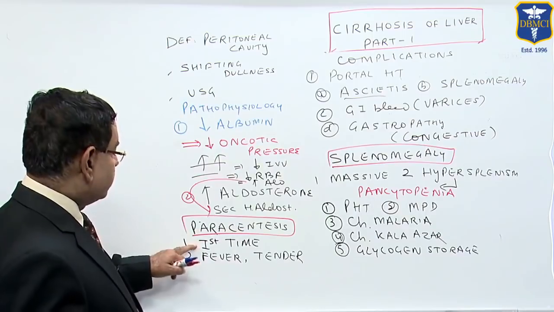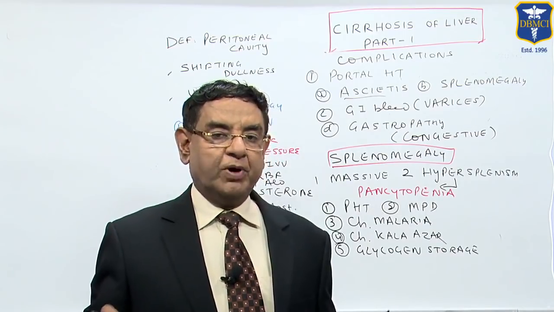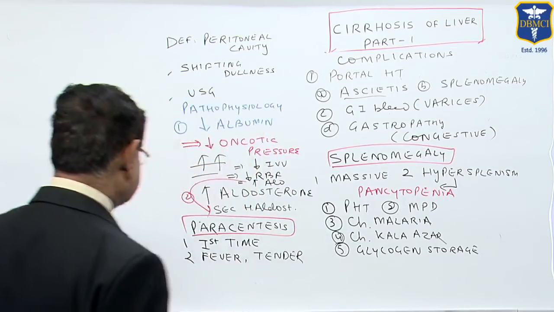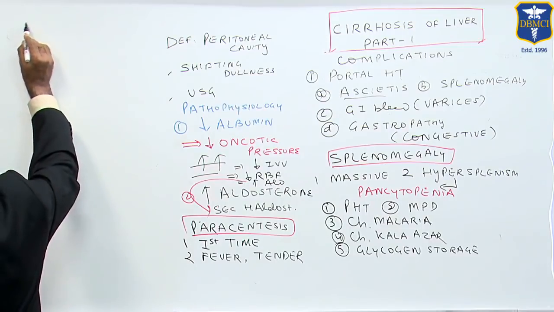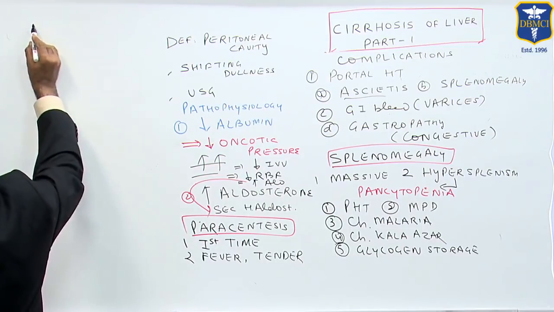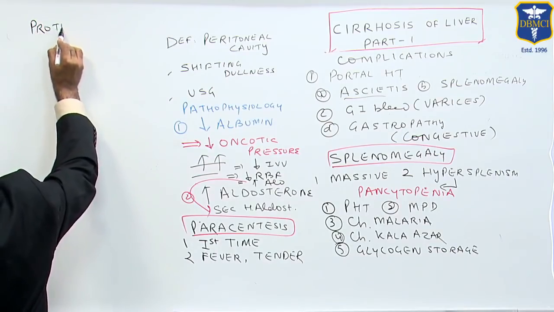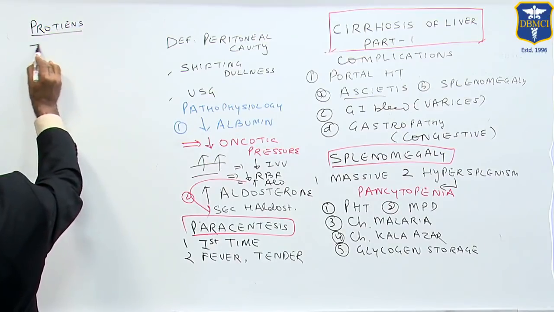So once you are doing tapping for the first time, what is the important information you will get? The most important information is, of course, you will come to know how much protein is there. In this we get transudate.